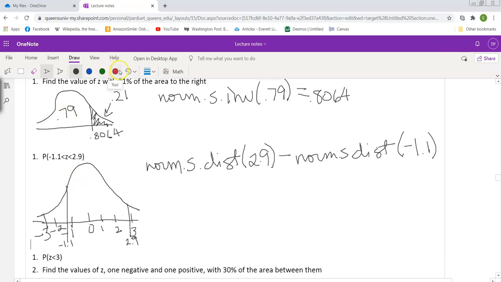And when we do that, just to kind of give you an idea, let's see how good this looks. NORM.S.DIST of 2.9 is going to be this whole area to the left of 2.9.